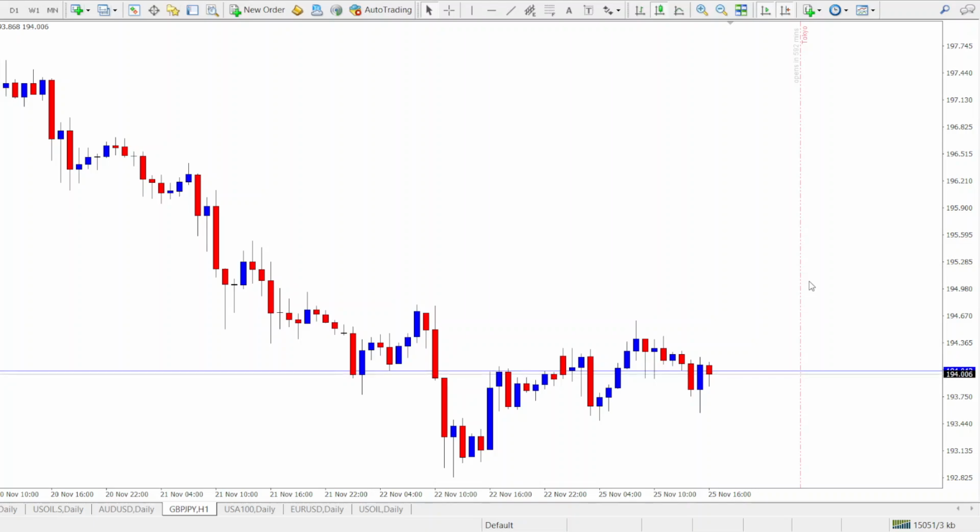Having identified the exact time when the session opens, it's going to be displayed right there on your chart, as you can see by this vertical line.